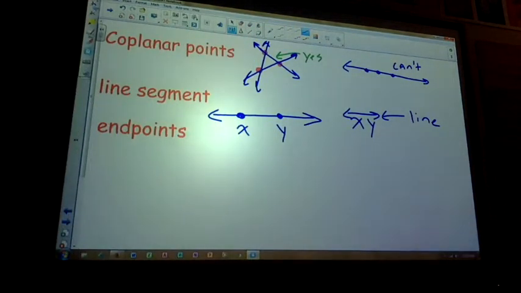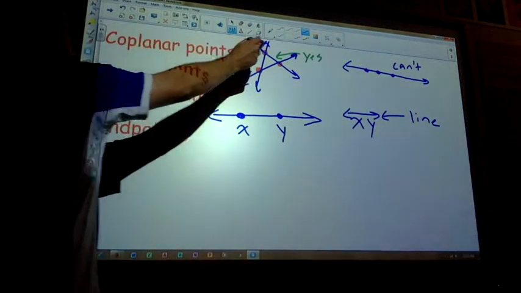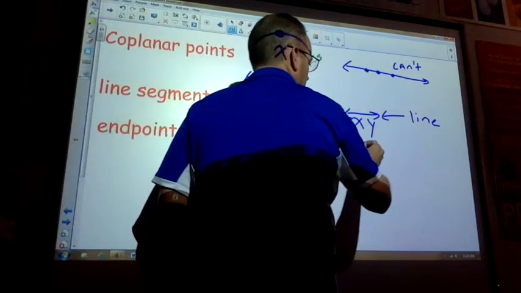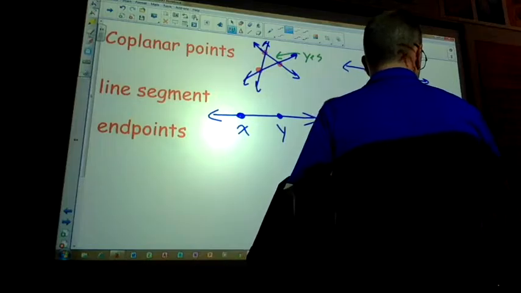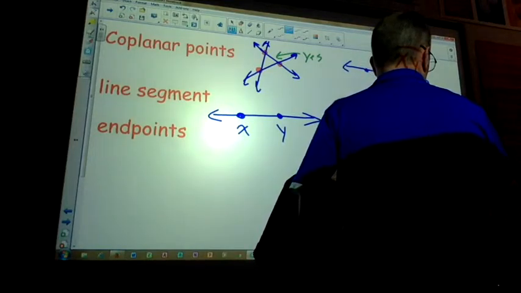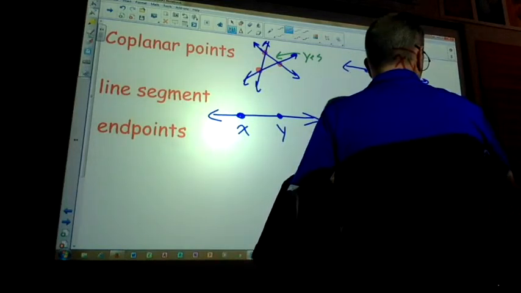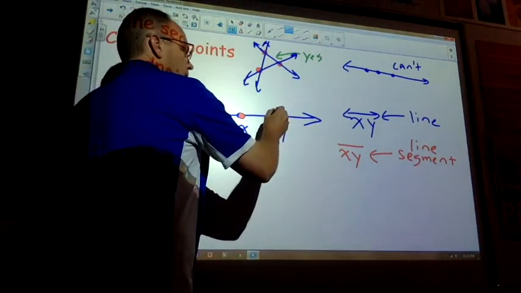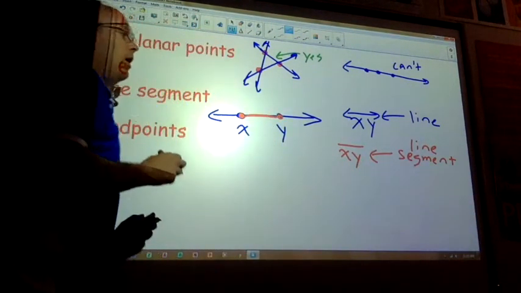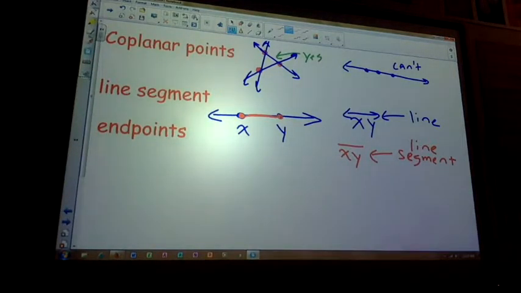But if I wanted to make it a line segment, it's a line segment which just includes the endpoints and the middle part. So a line segment is a smaller section of a line. It's a portion of a line.